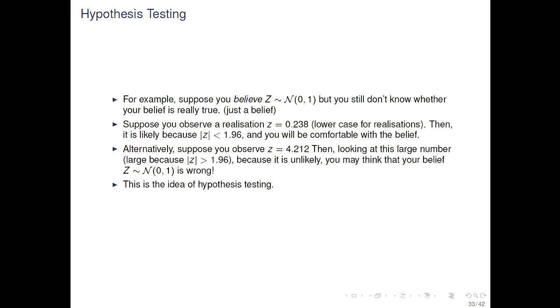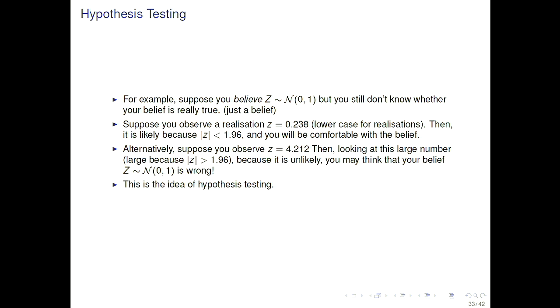When you have a graph of a probability distribution, the probability of a random variable is just the area under the curve, the area under the graph. So for example, if this number is 1.96, then the probability that the random variable z is greater than 1.96 is 2.5%.